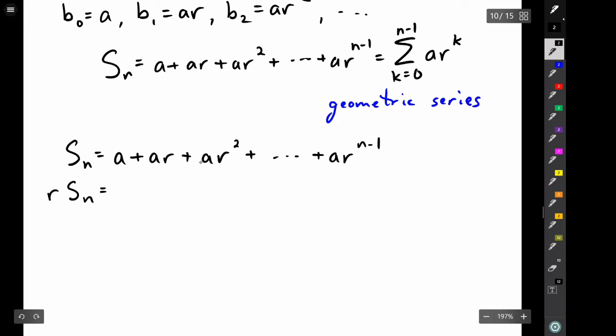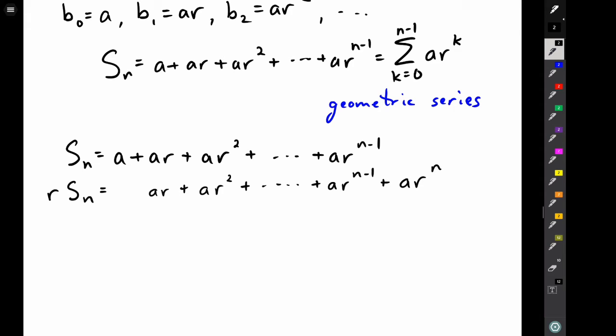I'm going to take every term in the sequence and multiply it by r. When I multiply the first term by r, it comes down here. When I multiply this second term by r, it goes underneath this one. This one would go underneath here, and so on. The ar to the n minus 2 would come underneath this one, and this last one gets to hang out here all by itself.